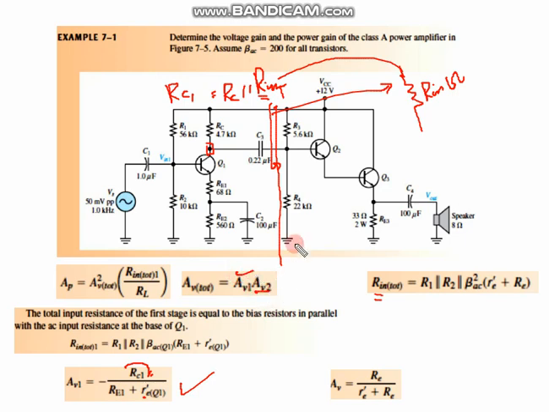Now AV2 is the gain of this Darlington pair. By definition, the Darlington pair gain is given by this relation. Normally this RE is assumed to be very small, so I can ignore it, and this will be RE divided by RE, so I can say this will be equal to 1.